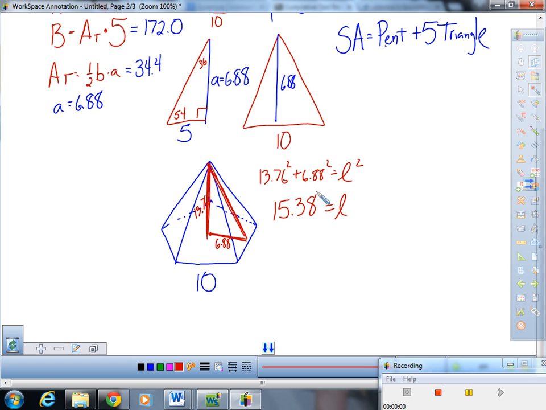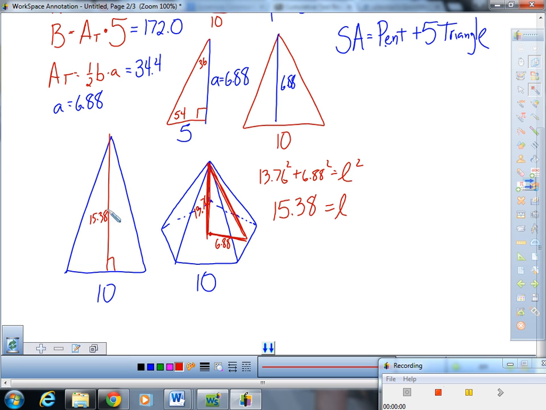Is that what you got? Okay, so now I can just redraw my triangle to make it clearer for you guys. The height of my triangle, that is 15.38.